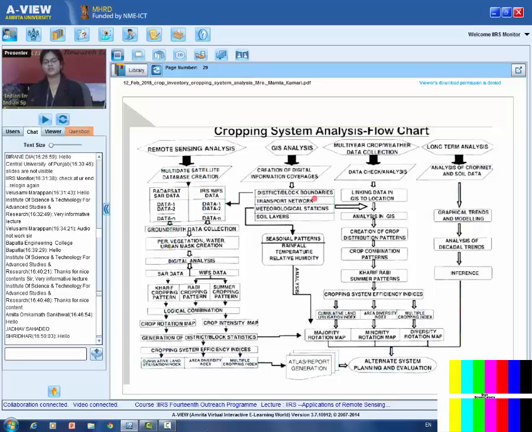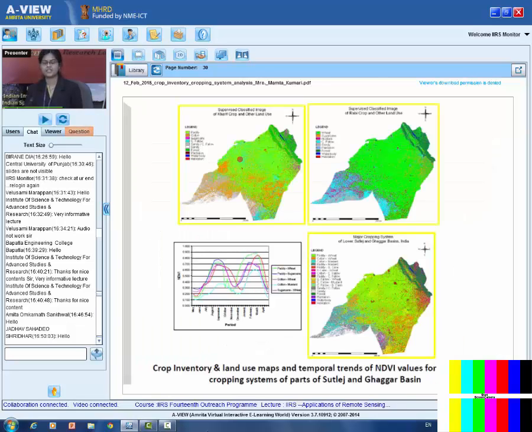In GIS, we can store the weather data and the district boundary, then we can analyze all these data after overlaying over the cropping system map, cropping pattern map. And after analyzing the long-term data, we can suggest some alternate steps also as per the expert knowledge.